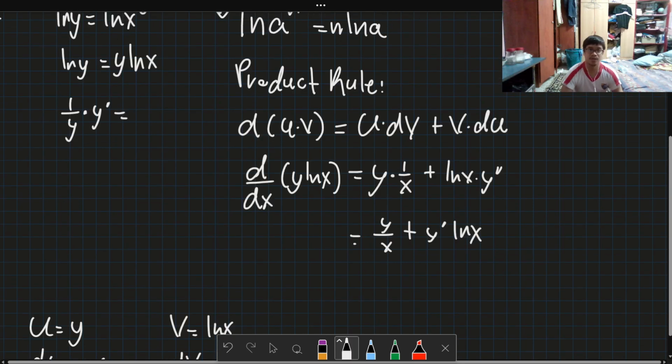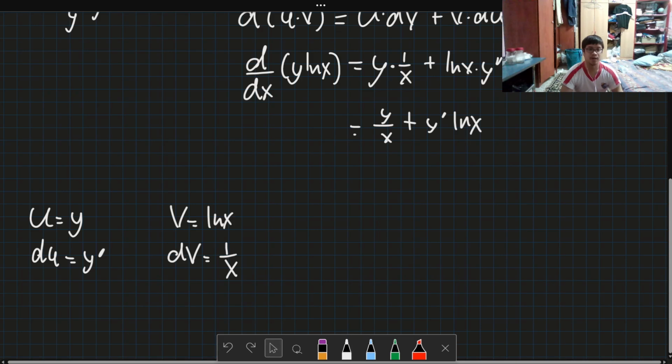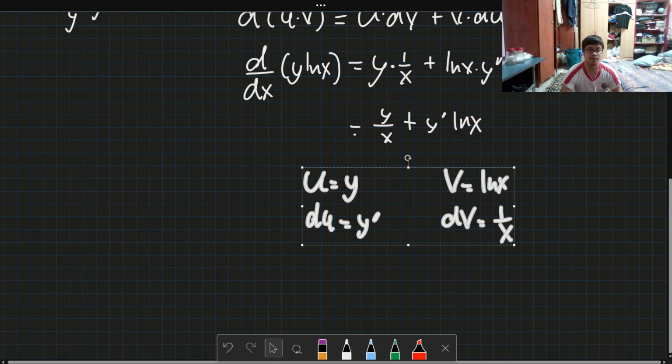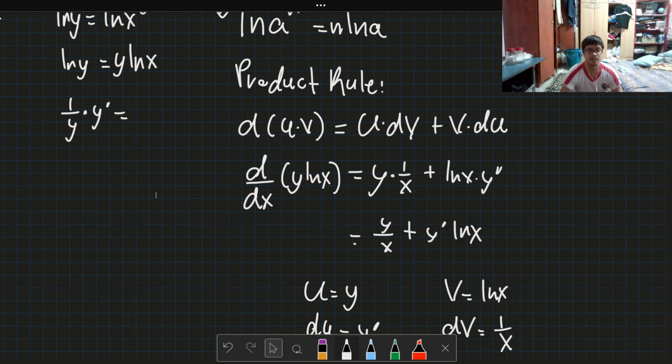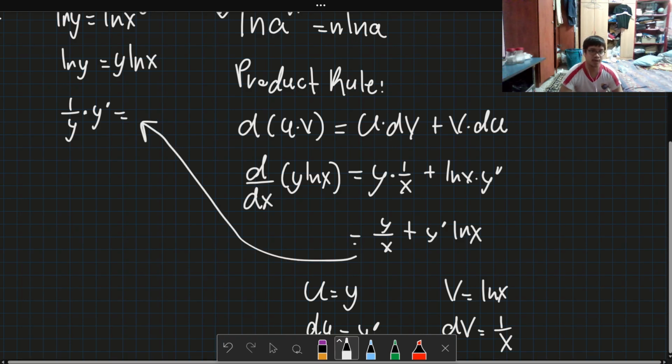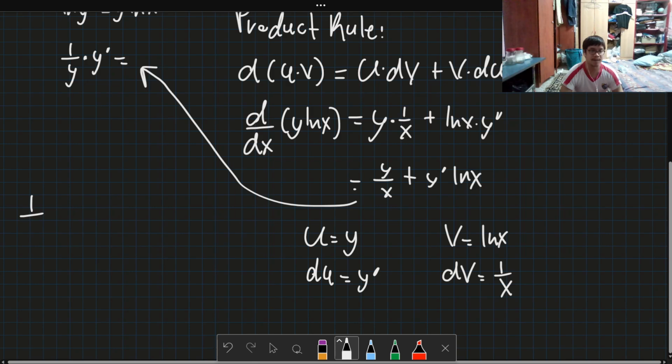That's the derivative of y times ln of x. Let me just put it here, with an arrow, then copy the equation again: 1 all over y times y prime is equal to y all over x plus y prime ln of x.